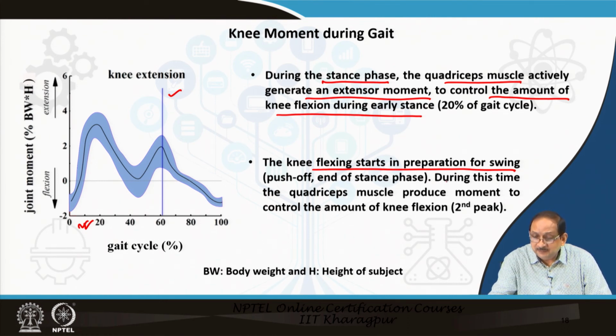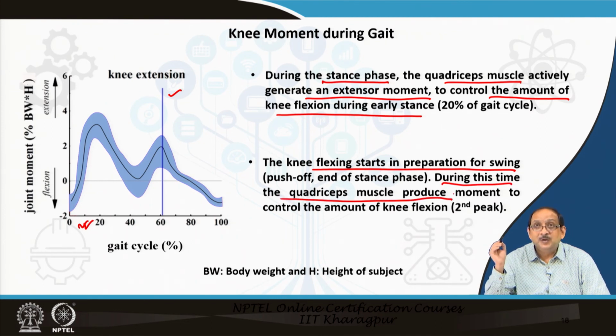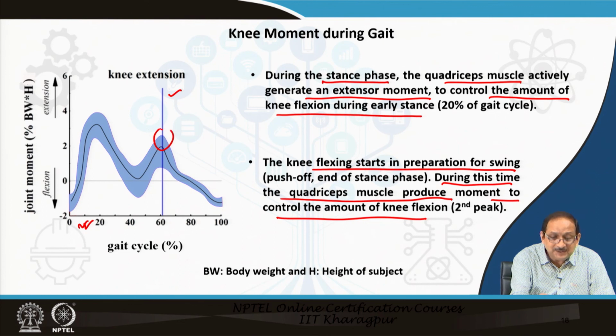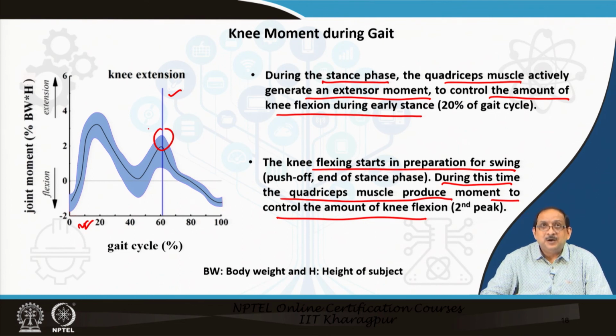During this time, the quadriceps muscles produce moment to control the amount of knee flexion. So, that is where the second peak of the knee joint moment occurs.